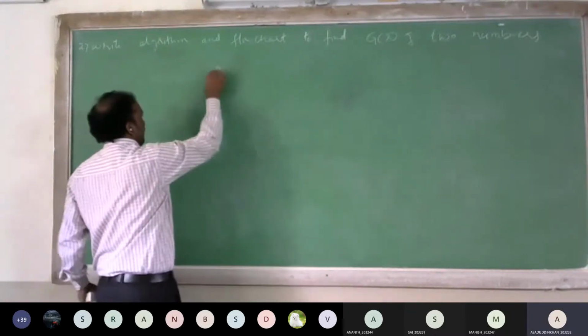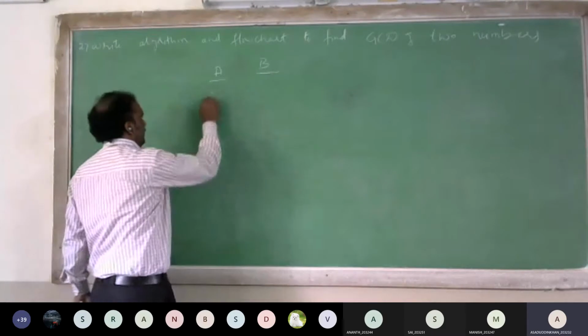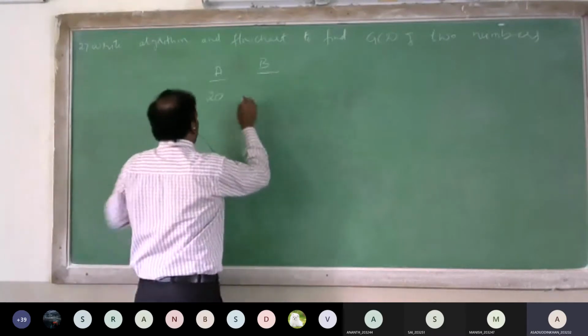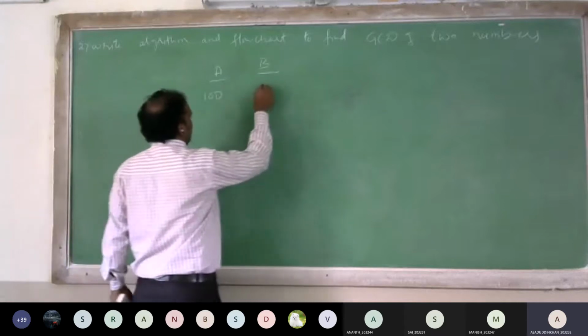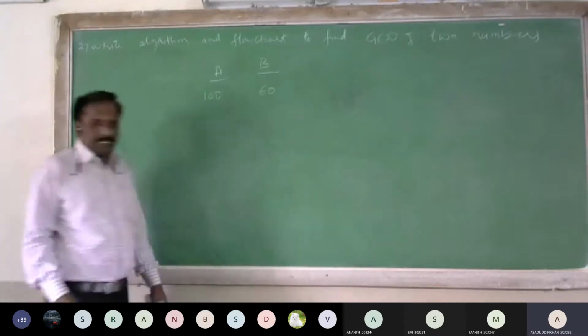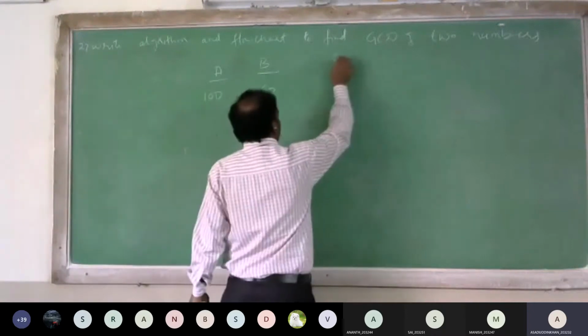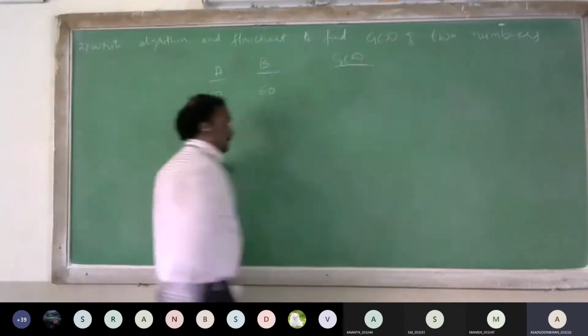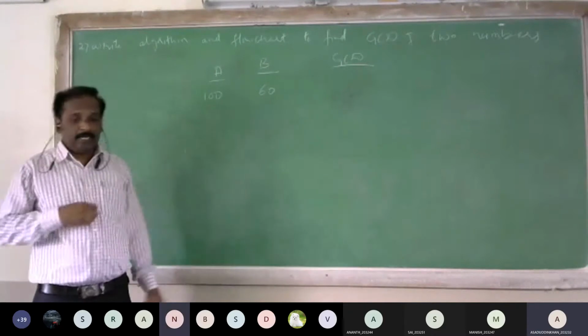Now, A is 100 and B is 60. What is the GCD? 20. Now we write according to the algorithm.